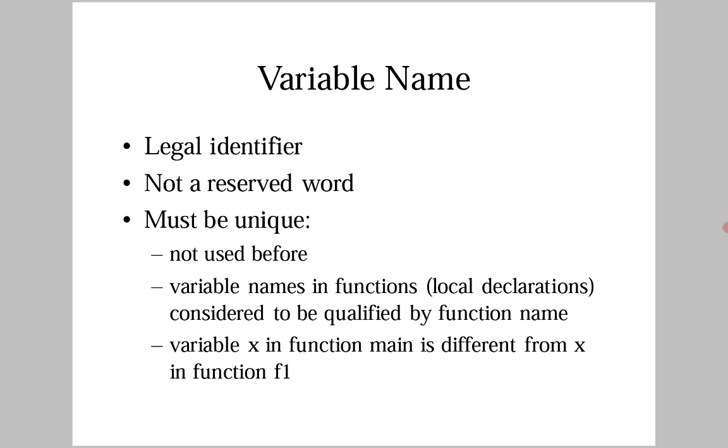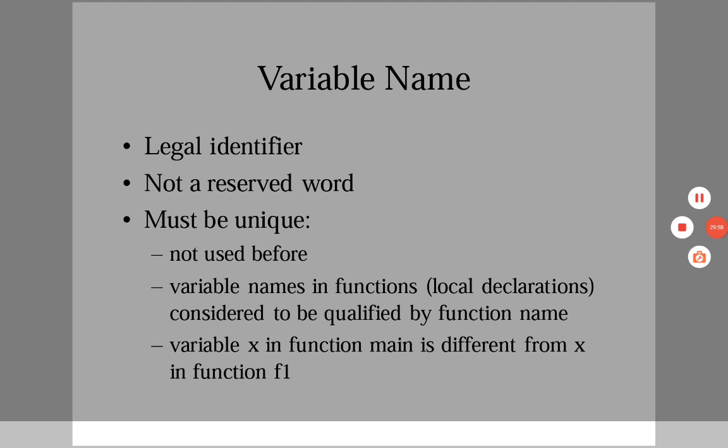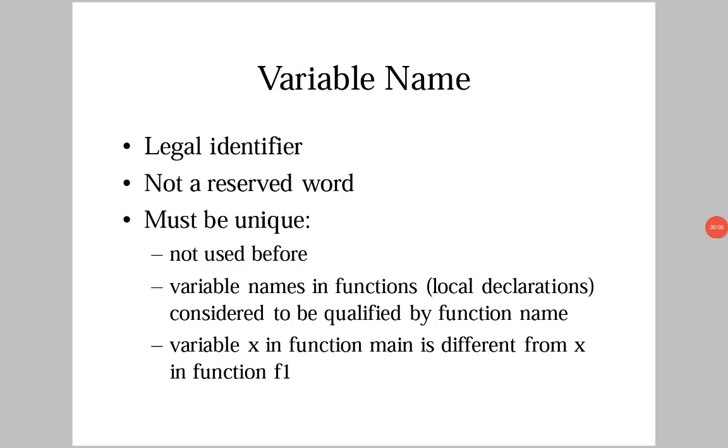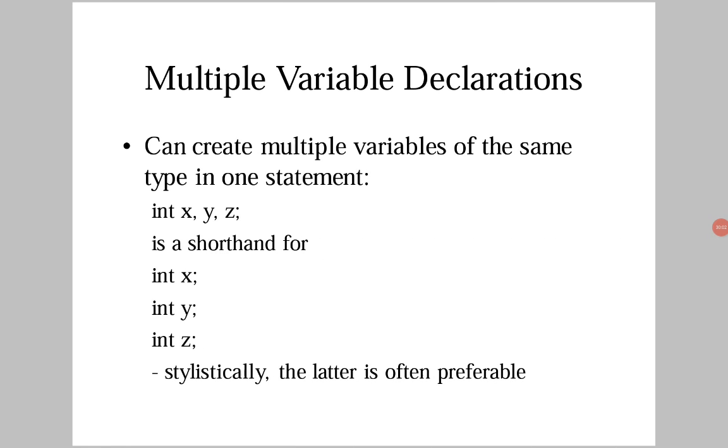The same variable name can be used in a function as well as in main. Next, multiple variable declaration. If you want to declare multiple variables, you may use a comma operator.